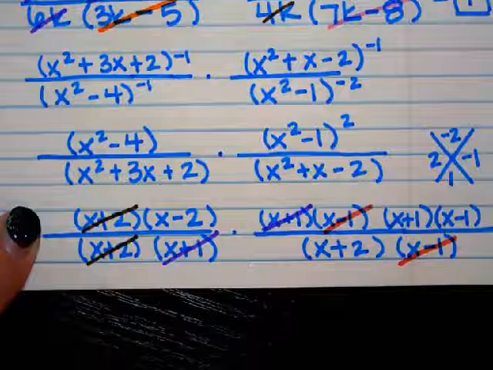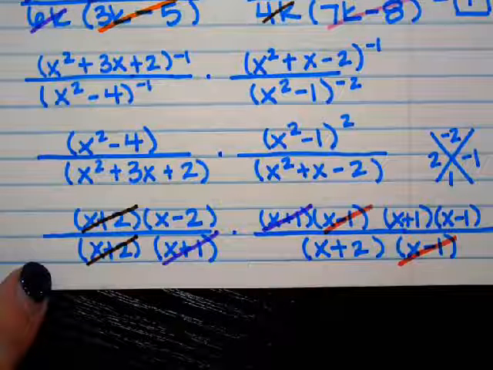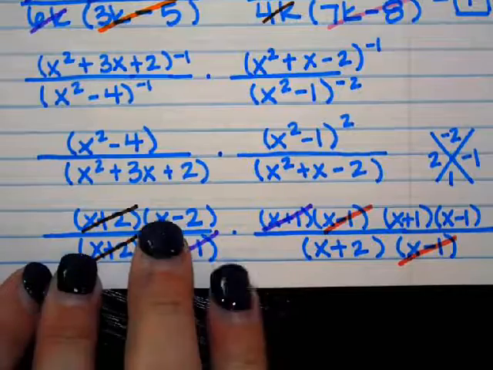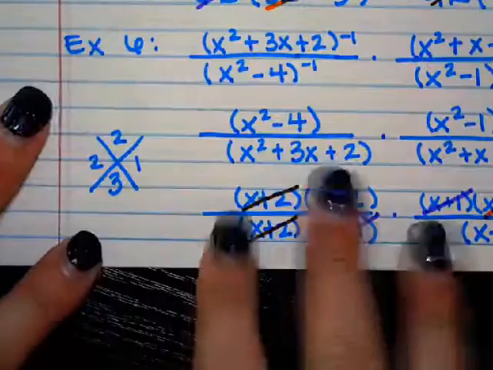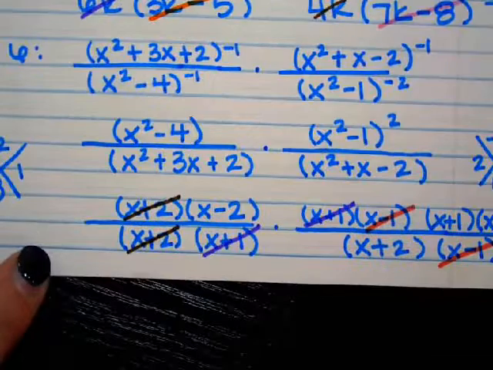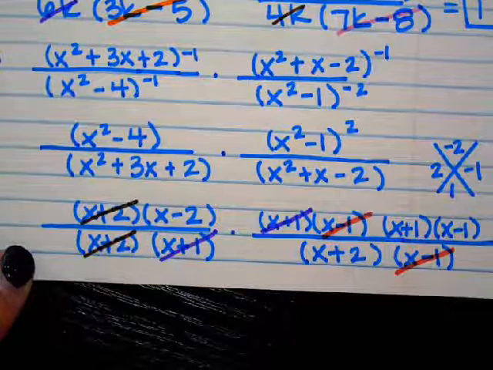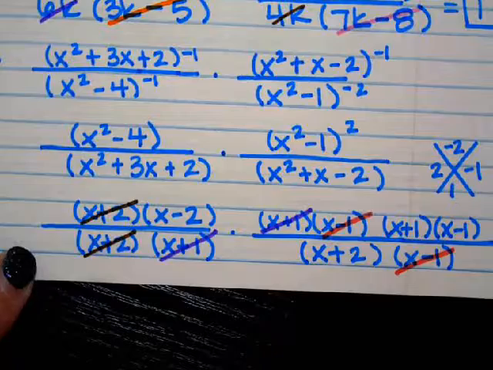Now we just got to write it. Okay, now you do not have to multiply out the stuff that you have for your answer. We've got 3 sets of parentheses on top, and we can leave them in parentheses. There is no need to FOIL that stuff out. So I'm going to write the top out as x minus 2, x plus 1, x minus 1.